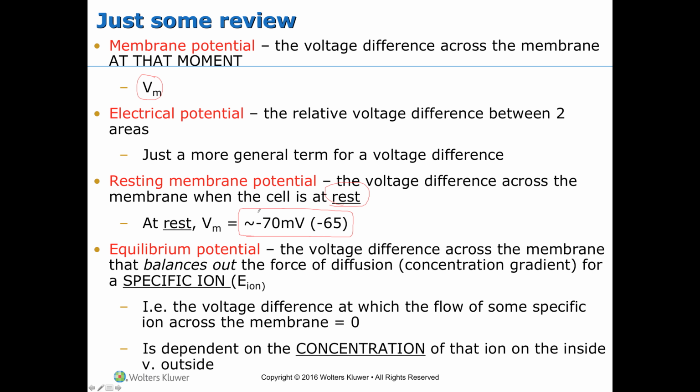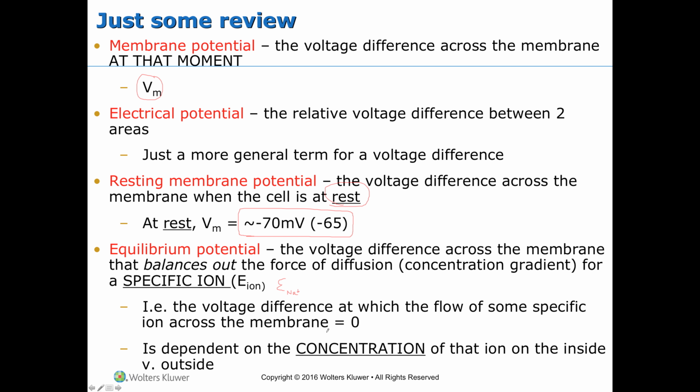The equilibrium potential, abbreviated E sub ion or E sub Na plus. If we're looking at the equilibrium potential for sodium, you would see it written as E sub Na plus or E sub Na. It is the voltage difference across the membrane that will balance out the force of diffusion for a given ion. So this is the voltage difference at which the flow of some specific ion across the membrane is equal to 0.